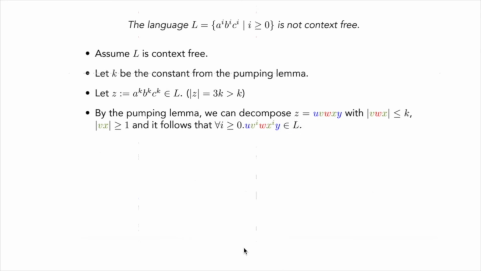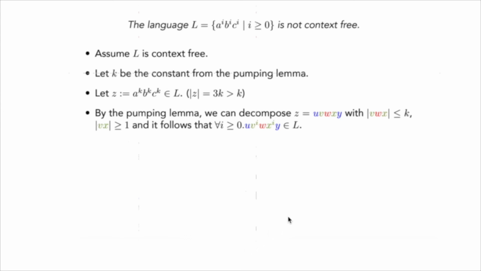And if these two conditions are met, then for all i that is greater than or equal to 0, pumping v and x proportionately by i will give a word of the form u, v to the i, w, x to the i, y, which should also be a word in the language.